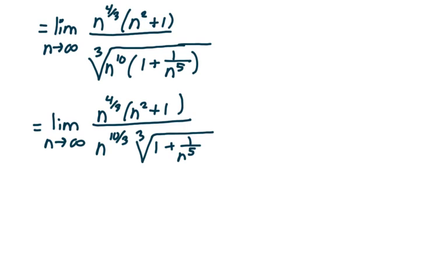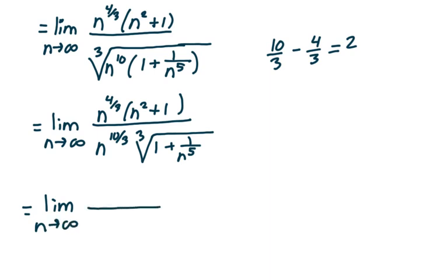Now remember, 10 thirds minus 4 thirds, that's equal to 2. And so this is the limit as n goes to infinity of n squared plus 1 divided by n squared times the cube root of 1 plus 1 over n to the 5th.